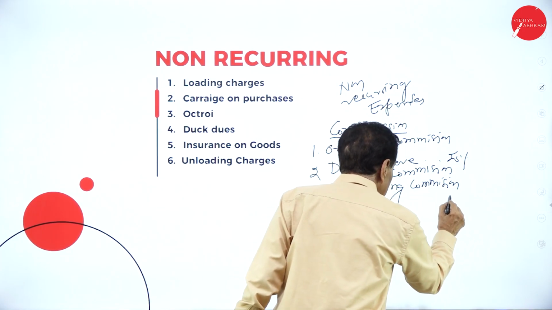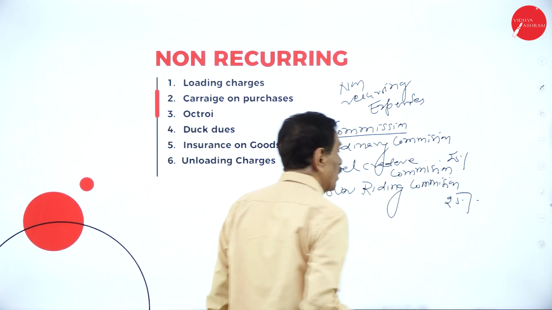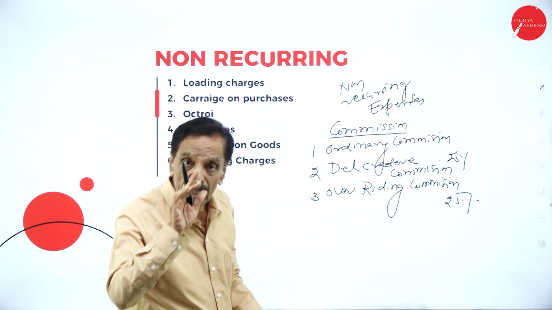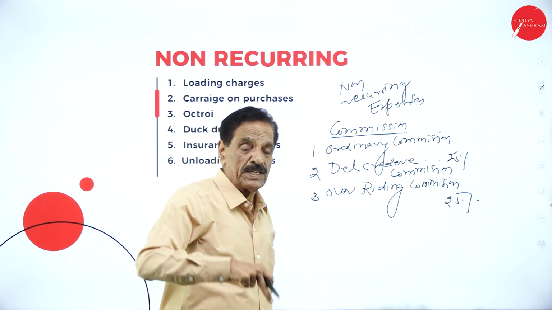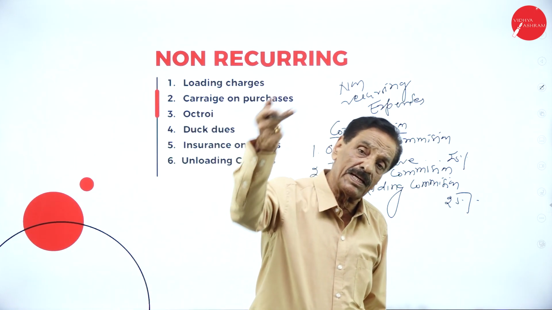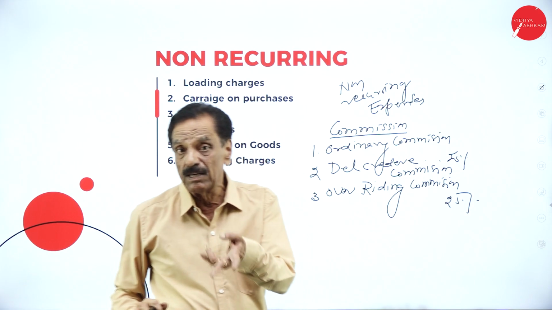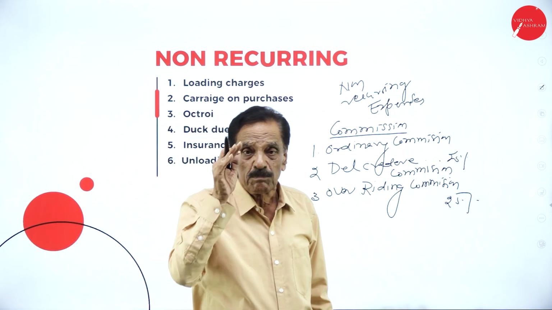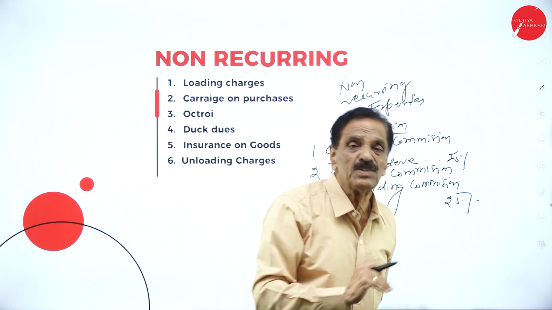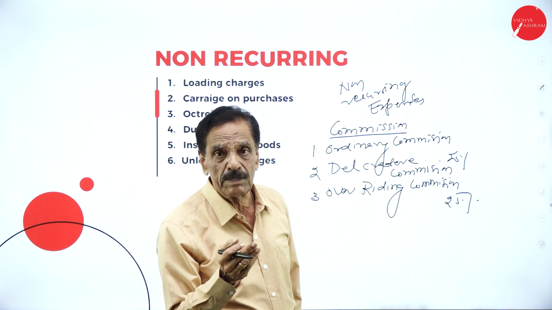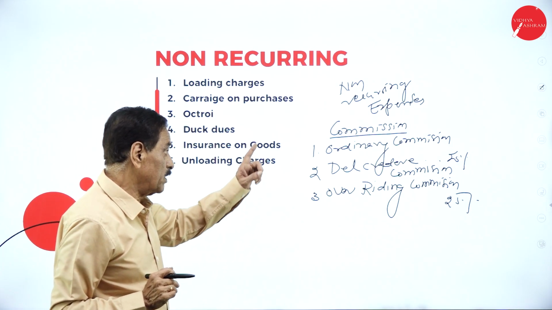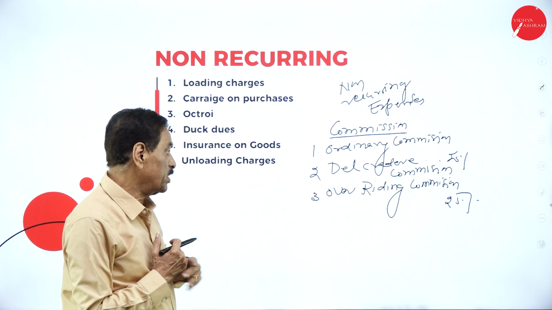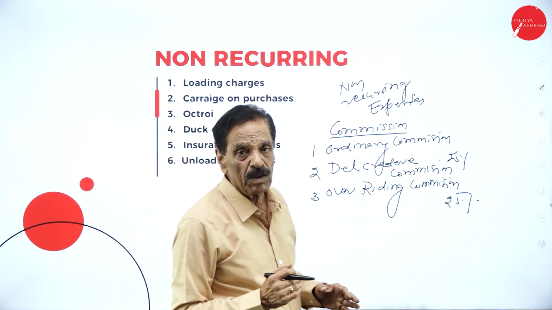By chance, if they increase it to 25%, it's called overriding, and there is an extra 5%. For that, we pay the extra commission, because for that 5%, the consignor will enjoy the profit, and the consignee will enjoy the commission. I will repeat: when you make more sales, the profit will be enjoyed by the consignor, and the commission will be enjoyed by the consignee. So there are 3 types of commission. One is called ordinary commission, one is called Del Credere commission, one is called overriding commission.